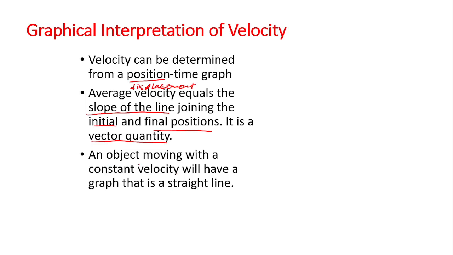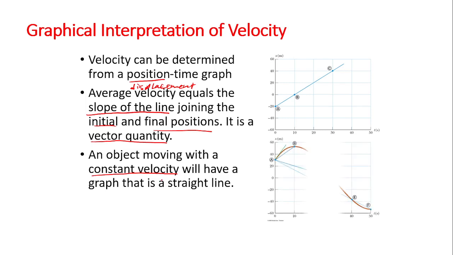An object moving with a constant velocity, meaning the pace at which this object is moving is the same, will have a graph that is a straight line. That is how the graph will look, just a straight line like that.